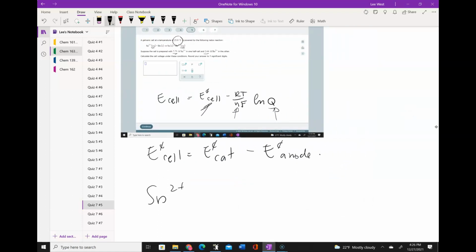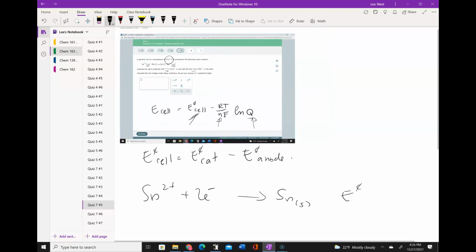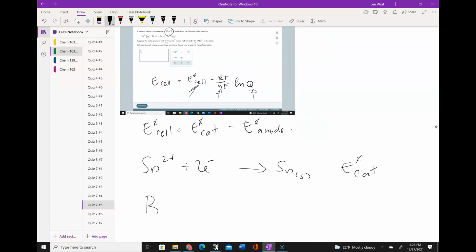So Sn2+ in this case is getting reduced, so that's going to be my cathode. And then barium is getting oxidized, and so that will be my anode.